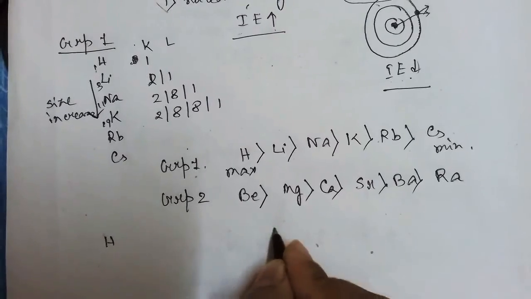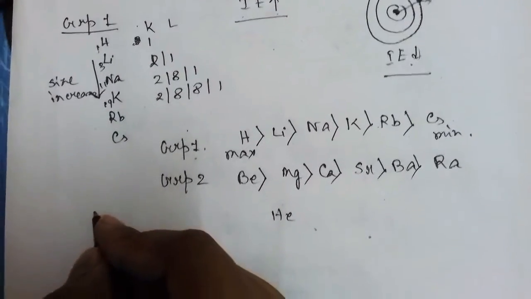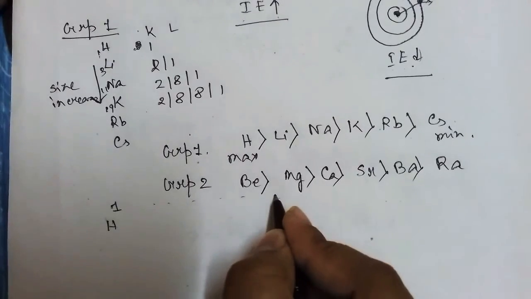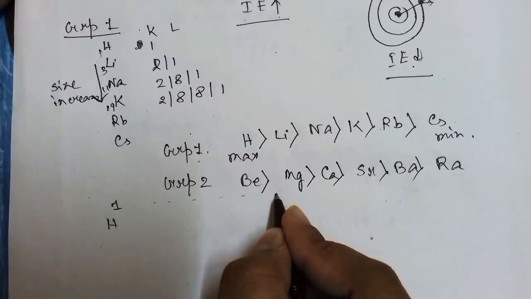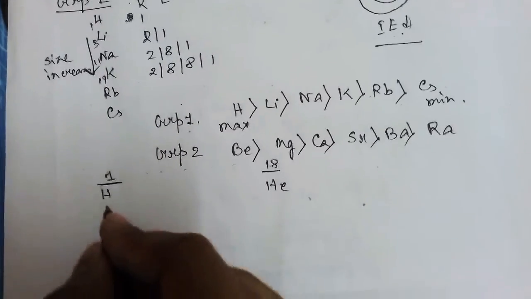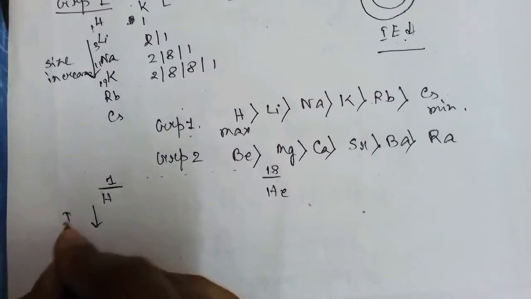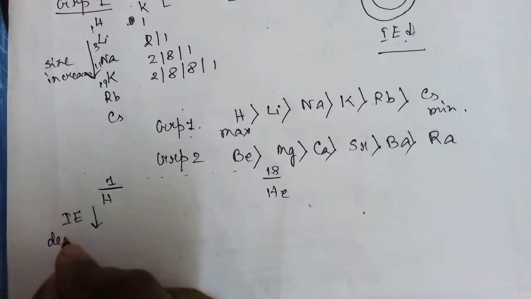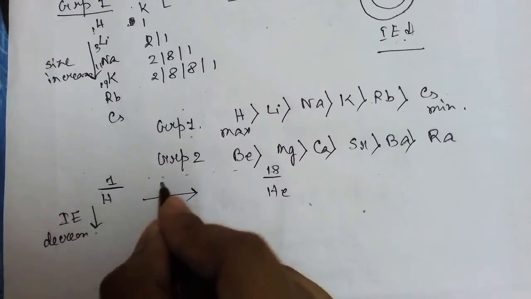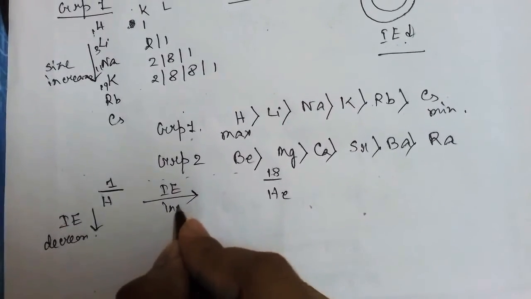So for the whole periodic table, what we can conclude is this. If we consider hydrogen, then here is helium, right? That is for groups 1, 2, 3, 4, 5, 6, 7, 8, 9 up to group number 18. If we move down the group, ionization energy decreases, and if we move along the period, ionization energy increases.